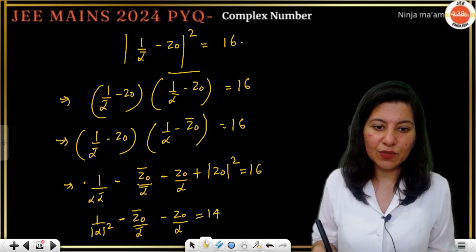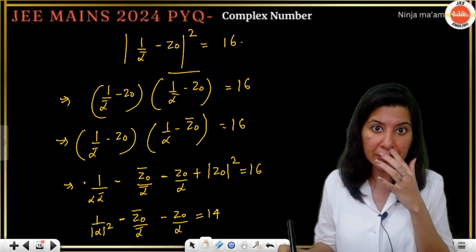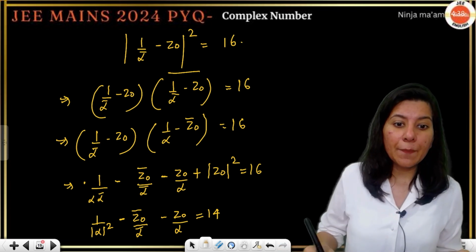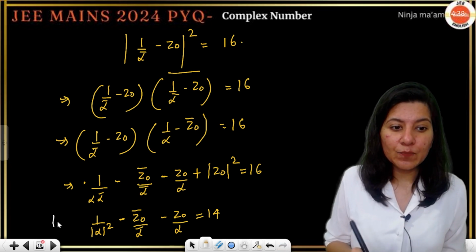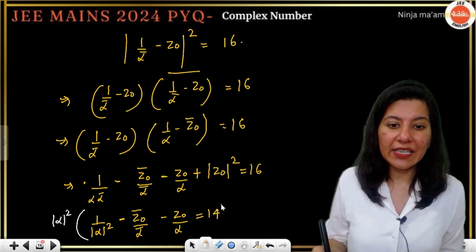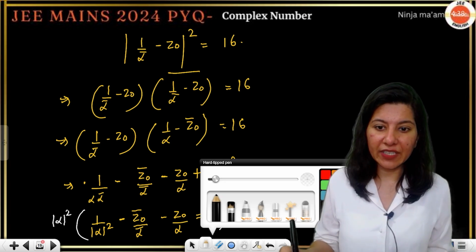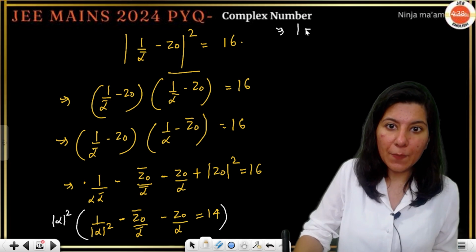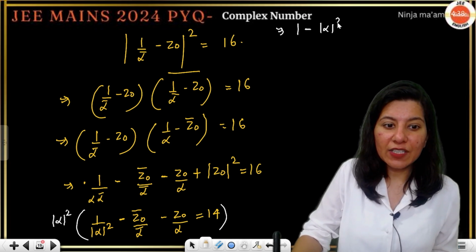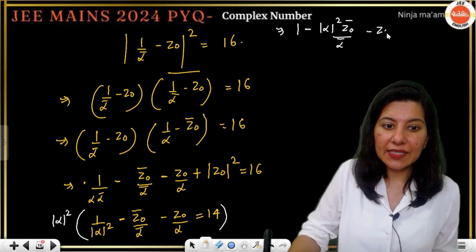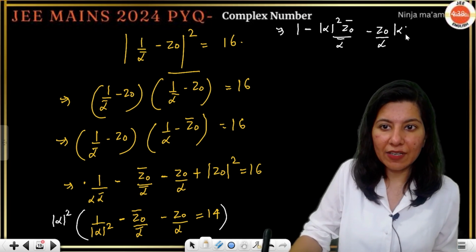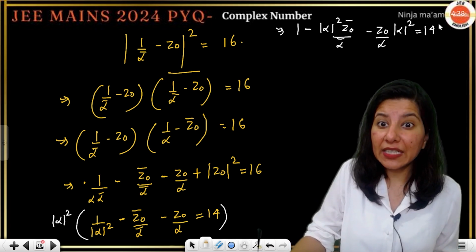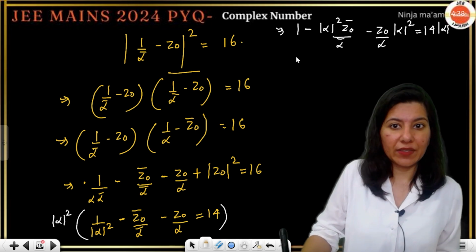Actually, this is equals to 40. Now, understand one thing. What I'm going to do is not taking LCM, but multiplying mod of alpha square left and right, both the sides basically. So this is becoming 1 minus mod alpha square z naught bar upon alpha bar, correct? Minus z naught by alpha, again mod alpha square equals to 14 mod alpha square, correct?